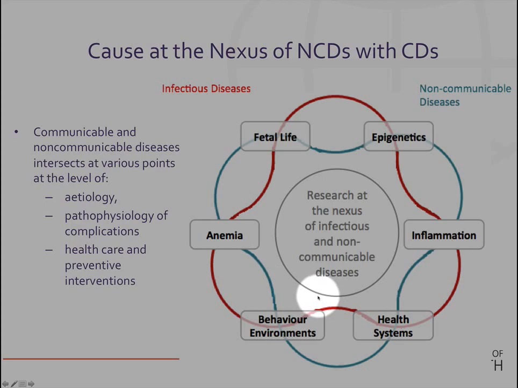I listed only 6, but there are many, many points. And actually at very different dimensions. Here at fetal life, here at epigenetics. Inflammation is also an intersection between infectious diseases and NCDs, because we know that underlying NCDs are chronic inflammations.